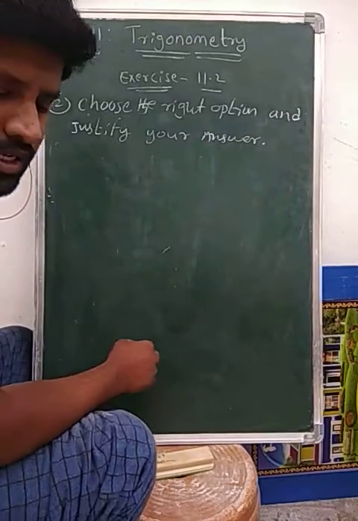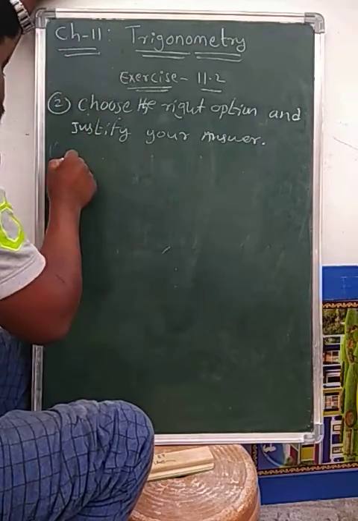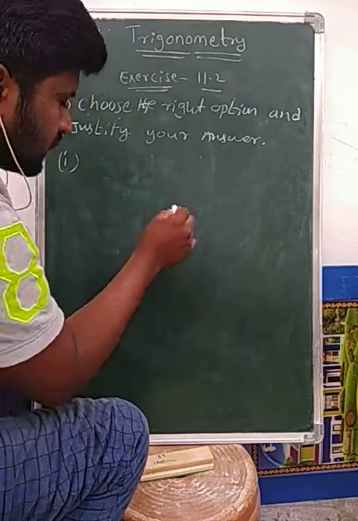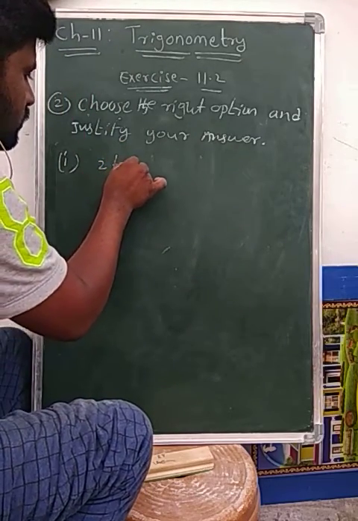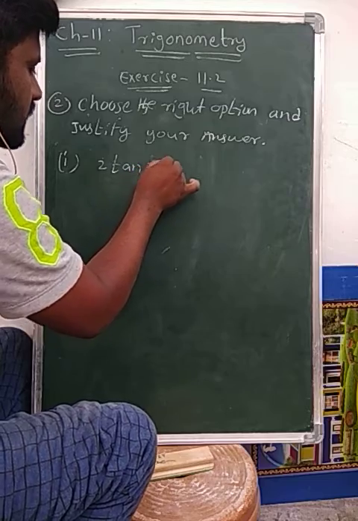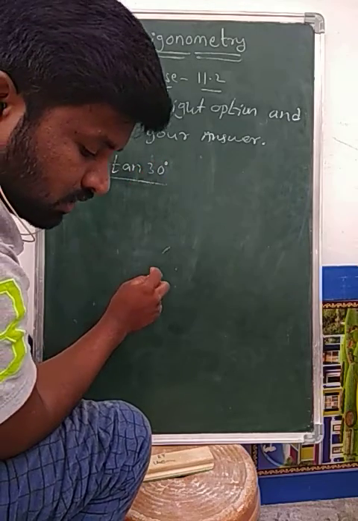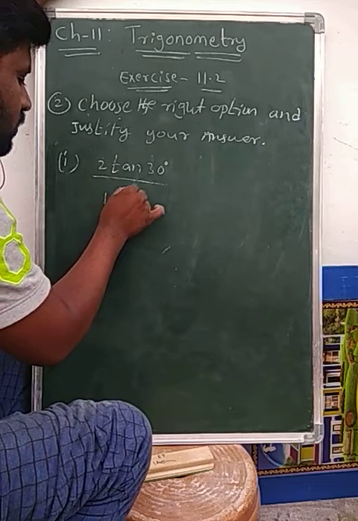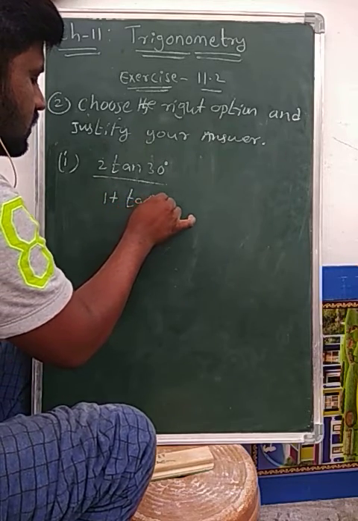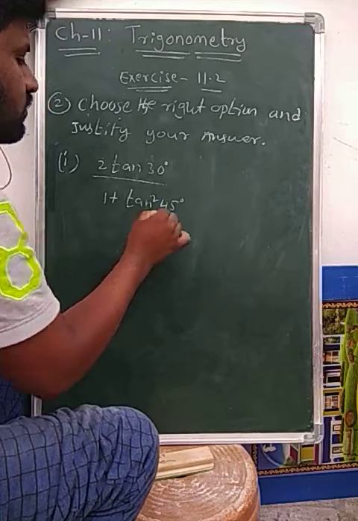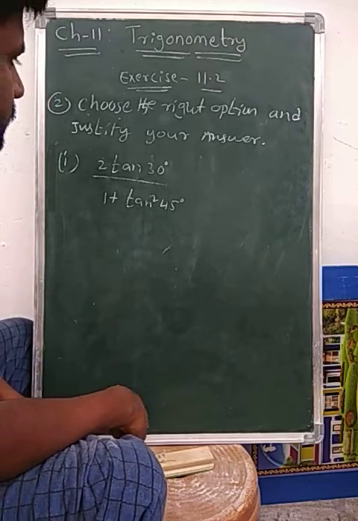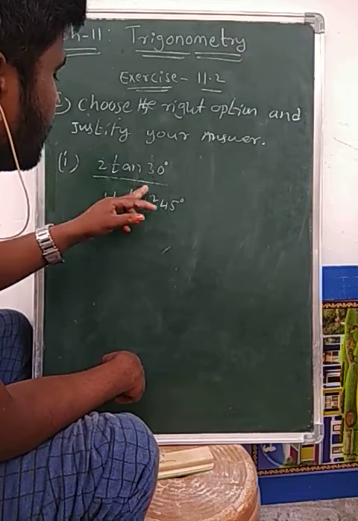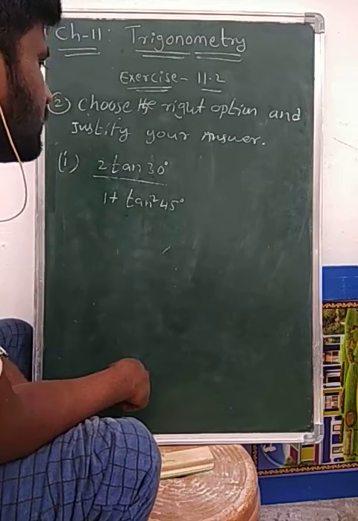Okay, so the first question is given: 2 tan 30 degrees by 1 plus tan square 45 degrees.